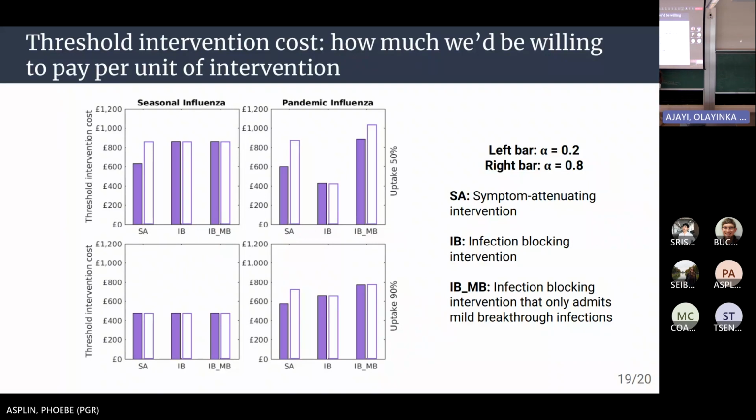But for the symptom attenuating intervention, this infection blocking with only mild breakthrough infections, it starts to matter. In this case, the threshold intervention cost is actually always higher for alpha is 0.8, unless the outbreak is just completely stopped for both of them.